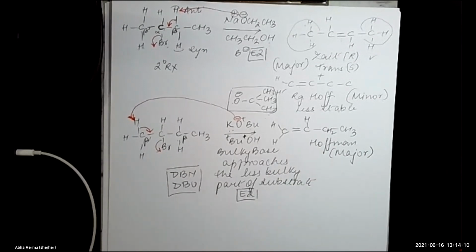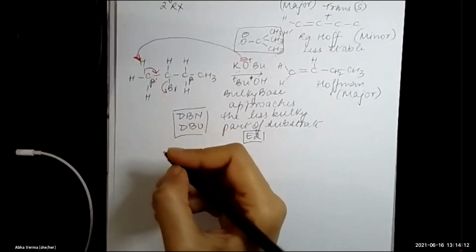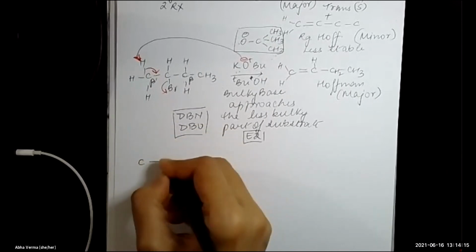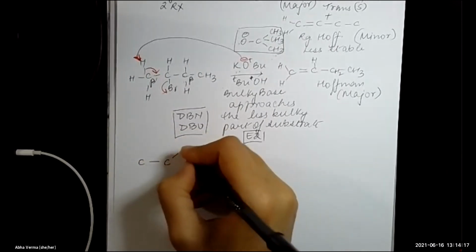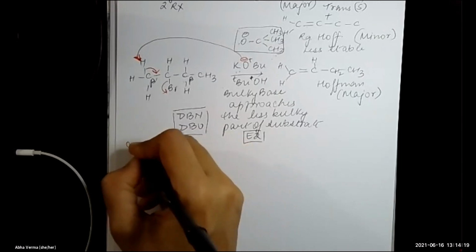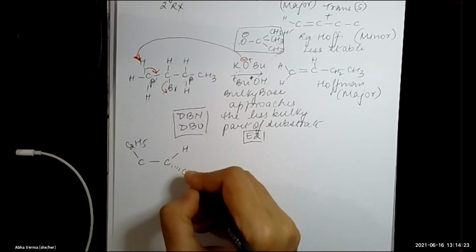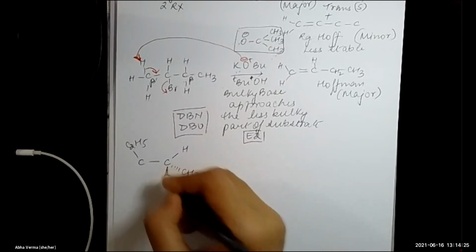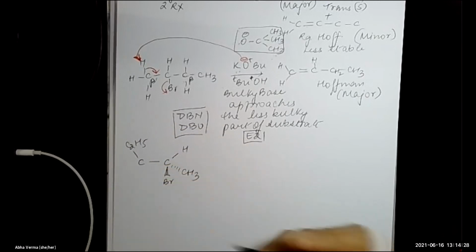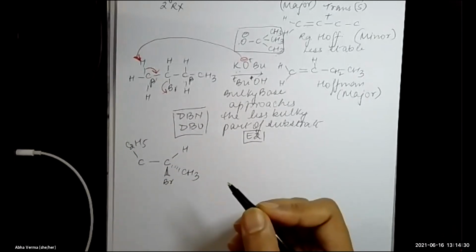So let's look at another example. So I have these two carbons, and these are my planar bonds. And I'm drawing an eclipsed conformation. So bromine, any leaving group could have been there.